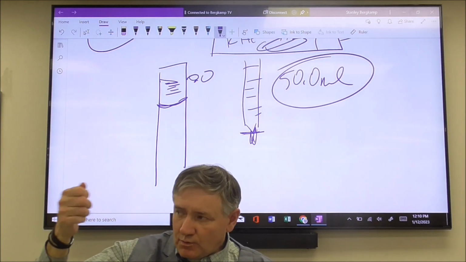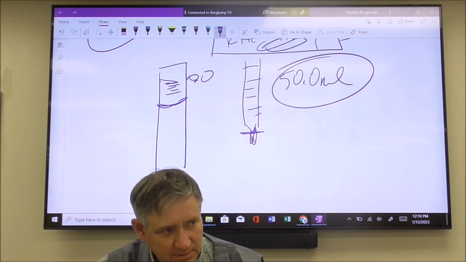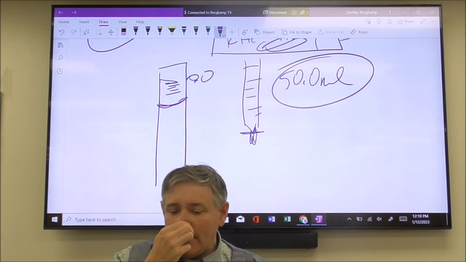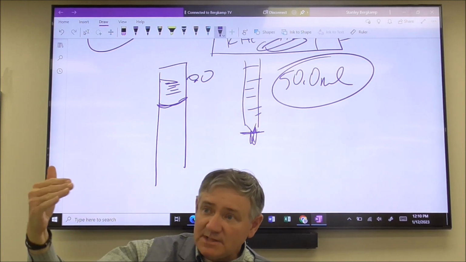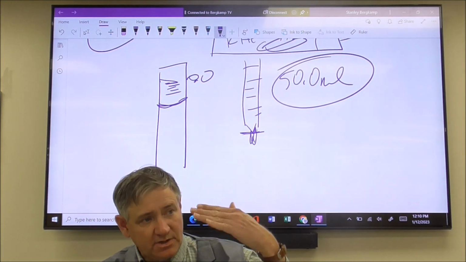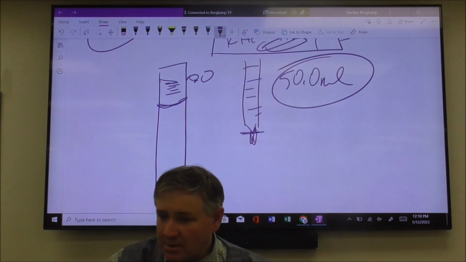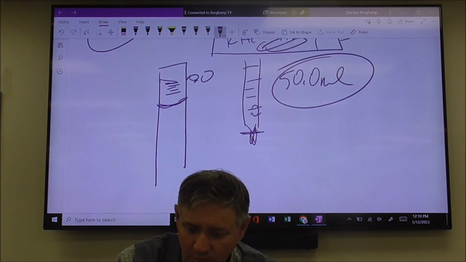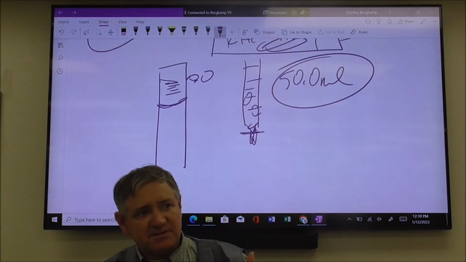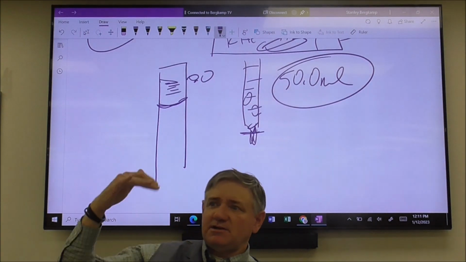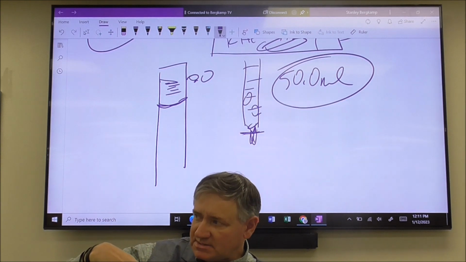Then you actually want to rinse it with the sodium hydroxide solution. The reason that you do that, and you want to do that before you actually start the experiment, is that with this small a volume, if you have some droplets of water in there, that's actually going to dilute your sodium hydroxide solution.